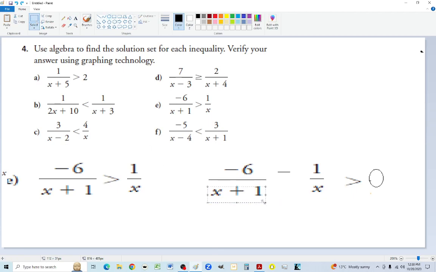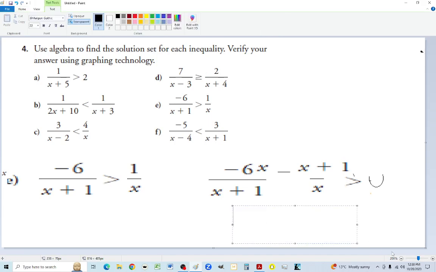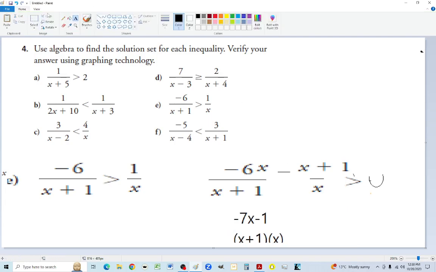I'm multiplying this right one by x plus 1 over x plus 1. There's no point in doing it twice. And I'm multiplying this other one by x. So I get minus 6x minus x minus 1. So minus 7x minus 1, all over x plus 1 and x. And then you solve with the number line.